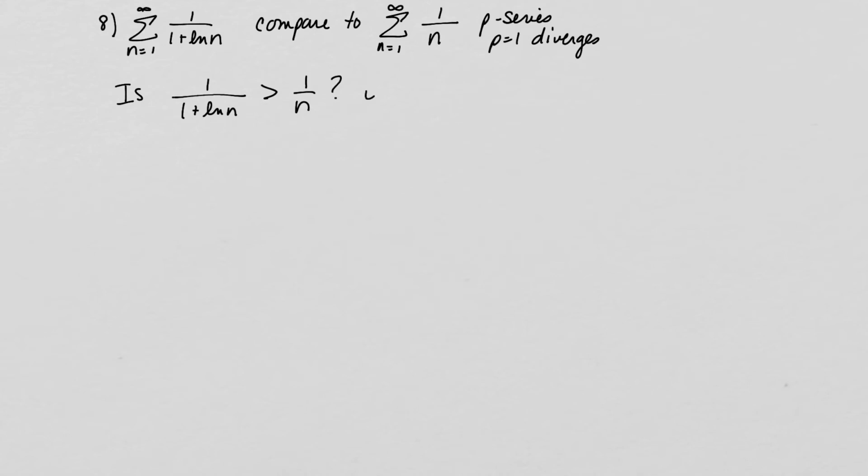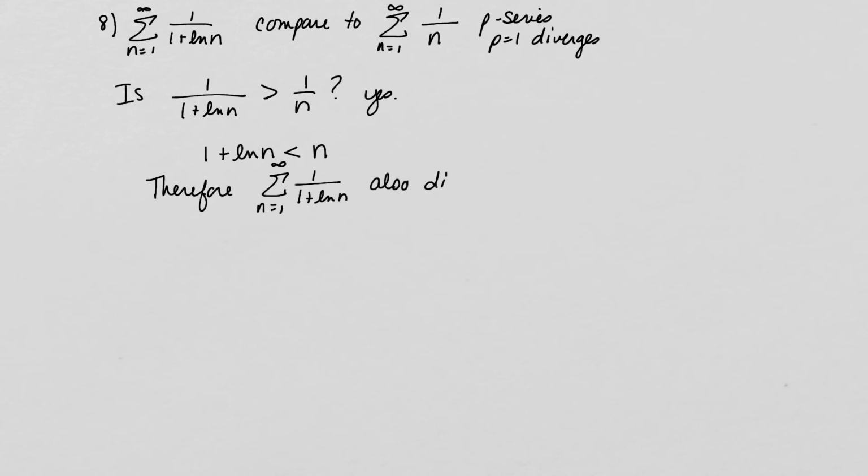And the answer is yes, because 1 plus the natural log of n is going to be smaller than n as soon as n gets big enough. It doesn't work for n equals 1, but that's okay. It just has to work as you go far enough out in the series. So therefore, the series n equals 1 to infinity of 1 over 1 plus the natural log of n also diverges.